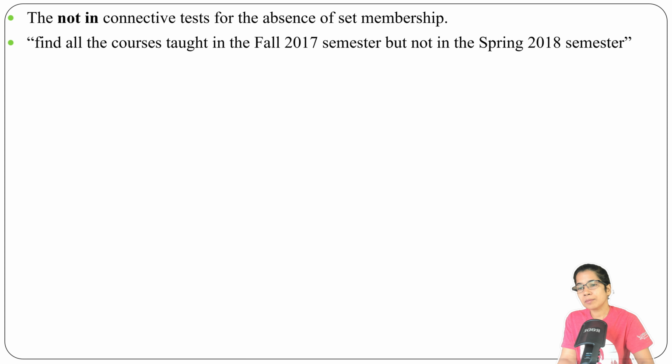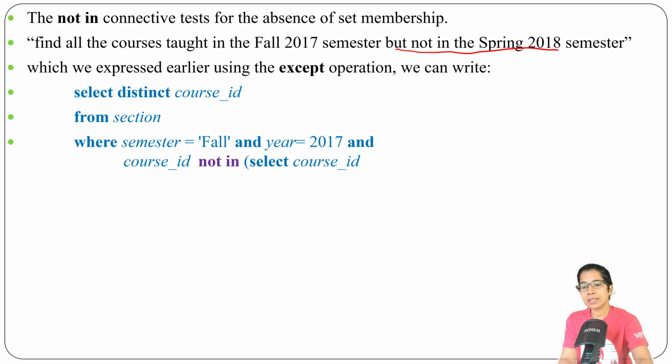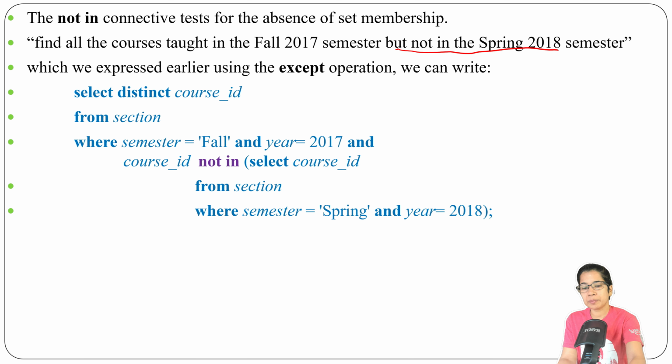Let's see this example. Find all courses taught in the fall 2017 semester but not in the spring 2018 semester. So select distinct course ID from section where semester equals fall and year equals 2017 and course ID not in, select course ID from section where semester equals spring and year equals 2018.